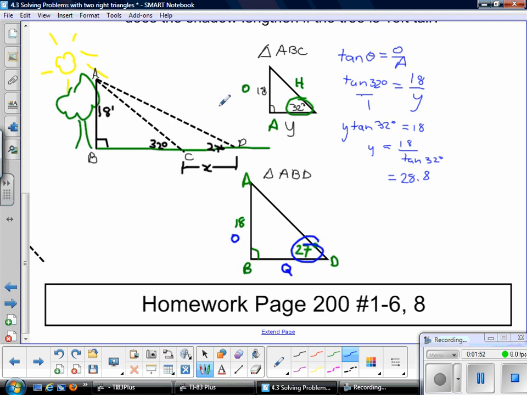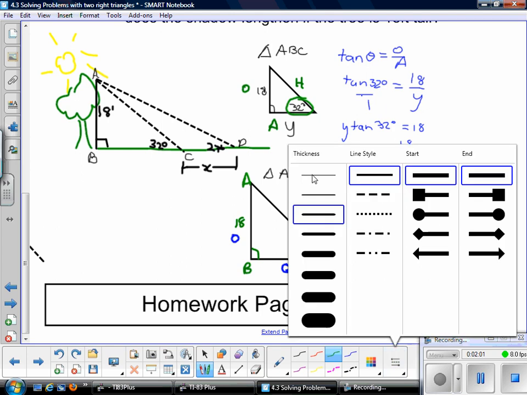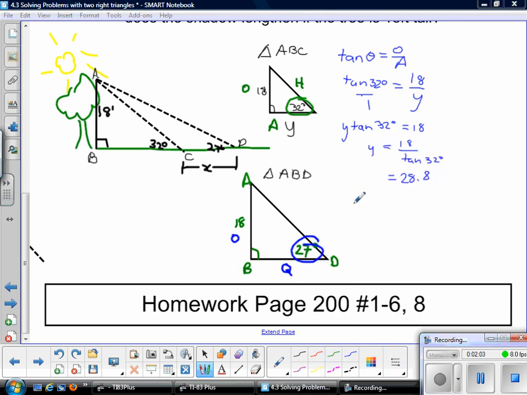So I want opposite and adjacent. So again, I'm using the tan ratio, and I'll change it to green. And so again, we write tan theta equals opposite over adjacent. So we have tan of 27 equals opposite, which is 18 this time, over our Q that we're going to find.